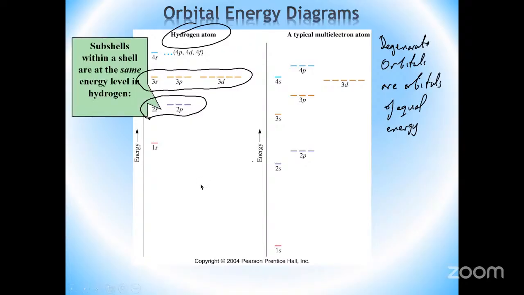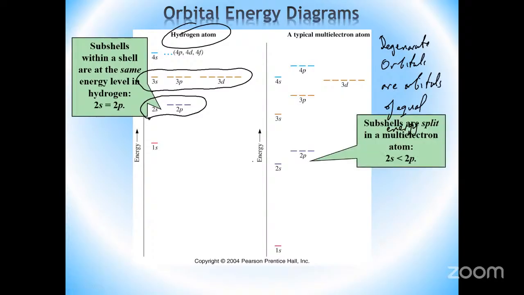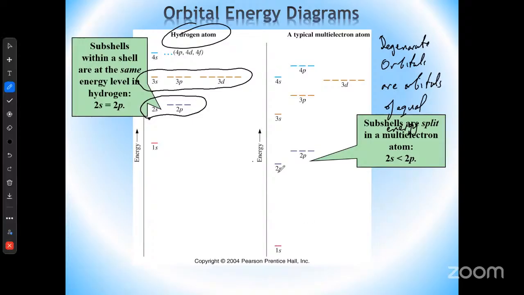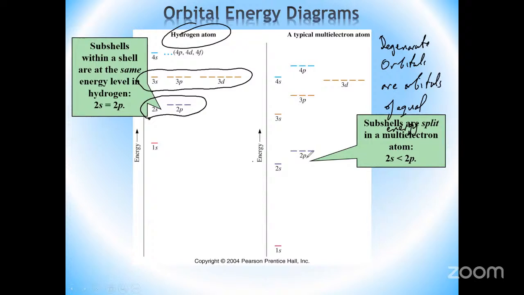One of the differences is that in the case of the hydrogen atom, the orbitals or the subshells within the same shell have the same energy. That is not true in the case of the multi-electron atom. So for example, in this case here, you'll notice that the 2s sublevel is lower in energy compared to the 2p sublevel, even though they're in the same shell.